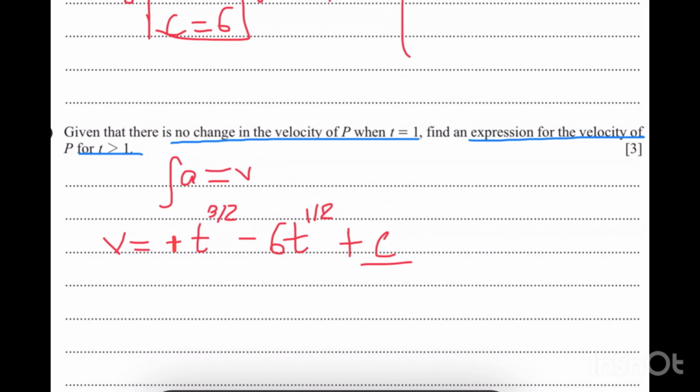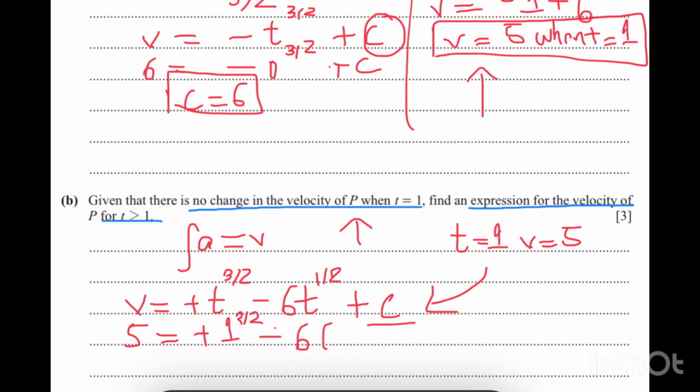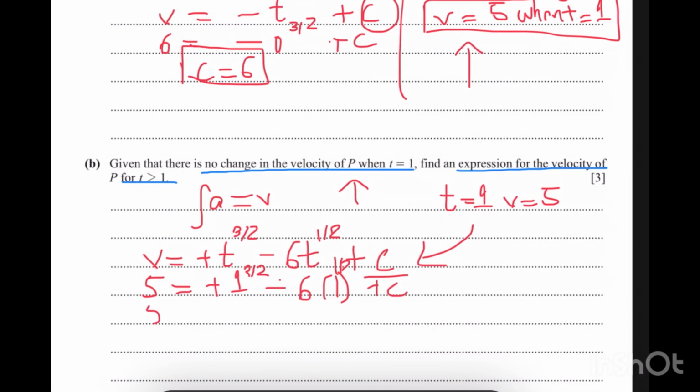Now the reason for giving us this statement that there is no change in velocity of p when t equals 1 is that we can use this value of v equals 5 when t equals 1. So you can write that down and substitute it in this equation that we found for v. So 5 equals 1 raised to power 3 by 2 minus 6 times 1 raised to power 1 by 2 plus c. So this becomes 5 equals 1 minus 6 plus c.